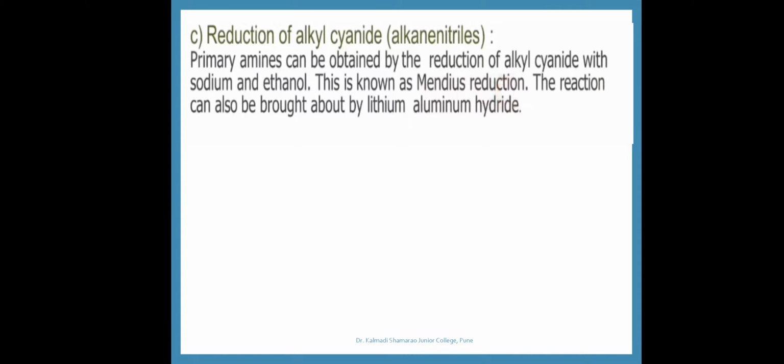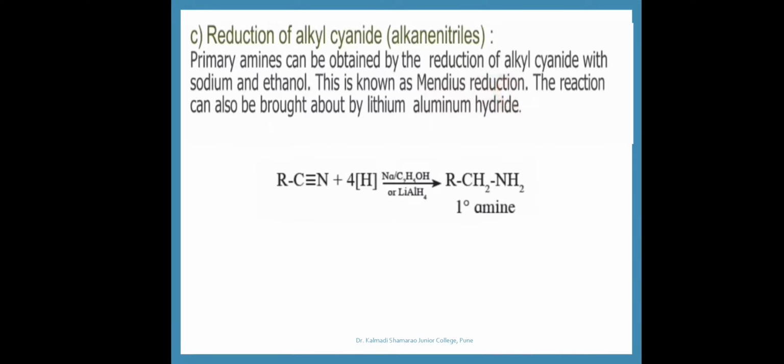Reduction of alkyl cyanide, which are also called alkyl nitriles. Primary amines can be obtained by reduction of alkyl cyanide with sodium and ethanol. This is a name reaction known as Mendius reduction. The reaction can also be brought about by lithium aluminium hydride.